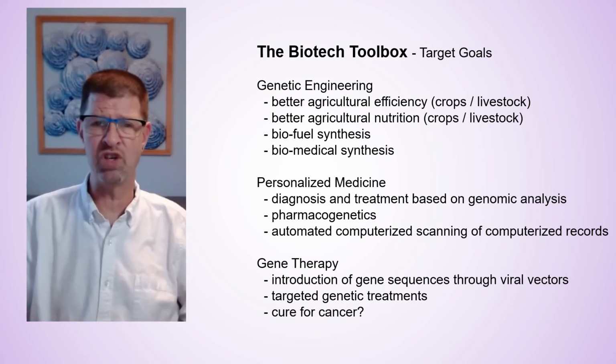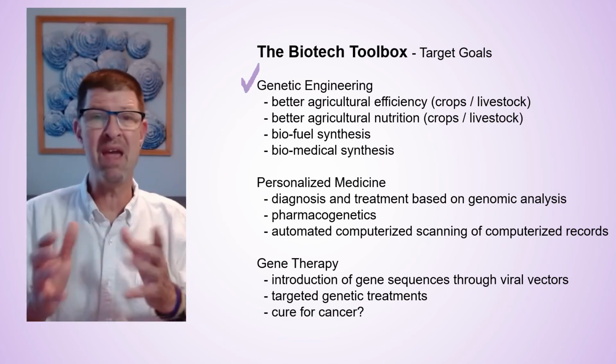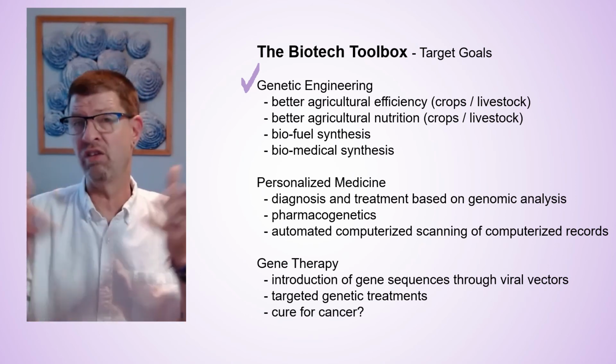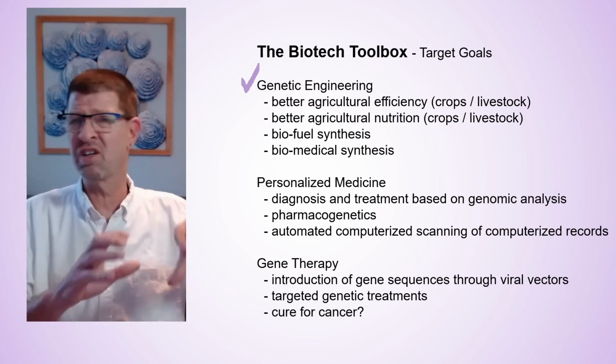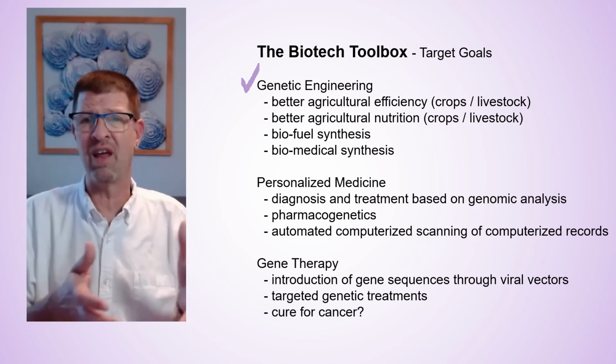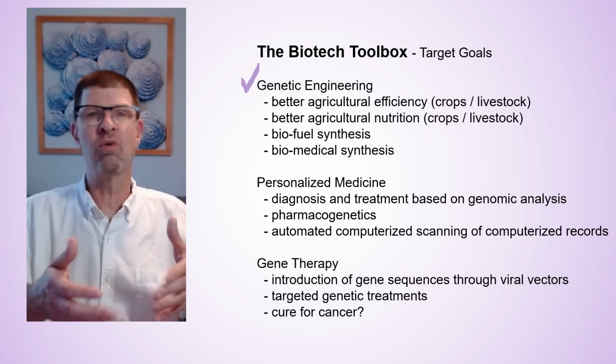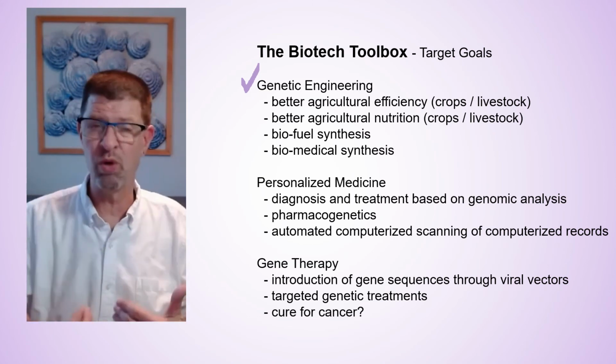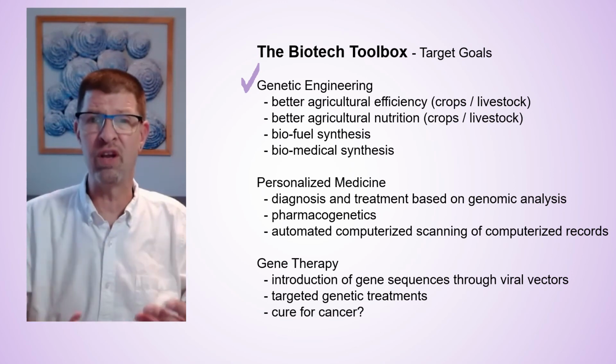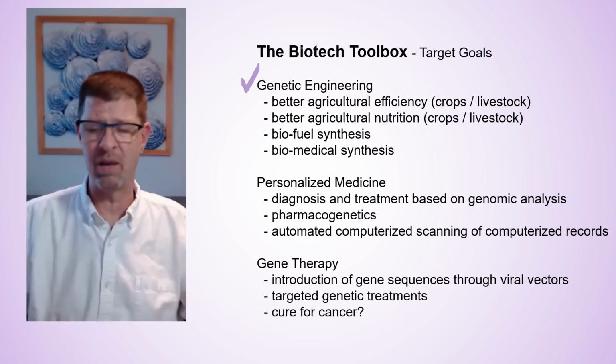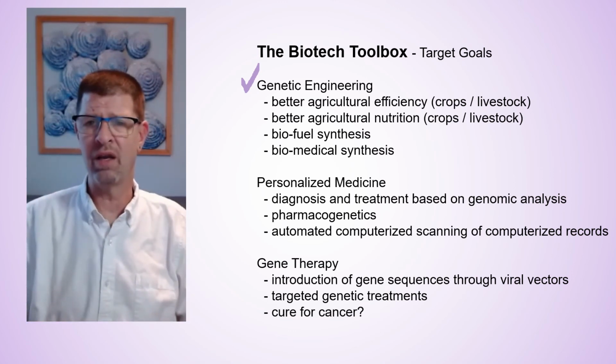So the first one is genetic engineering. This is making new organisms that didn't exist before. More than just selective breeding, making organisms that have genes in them that make them grow faster, so that they produce more food, that make them healthier so that they don't die when there's some type of a disease outbreak. So we have better agricultural efficiency, better agricultural nutrition.